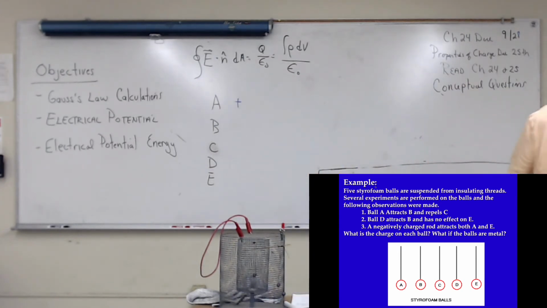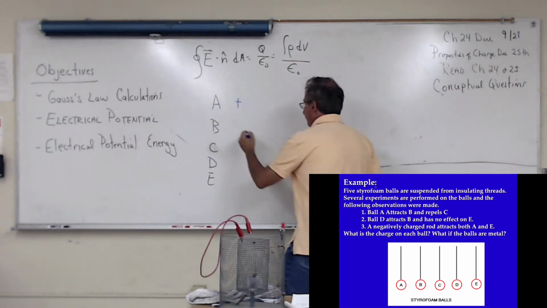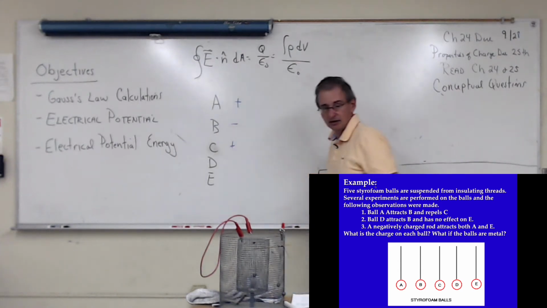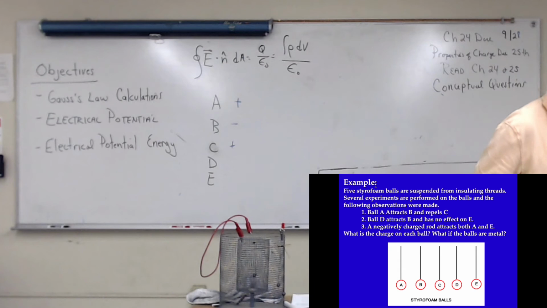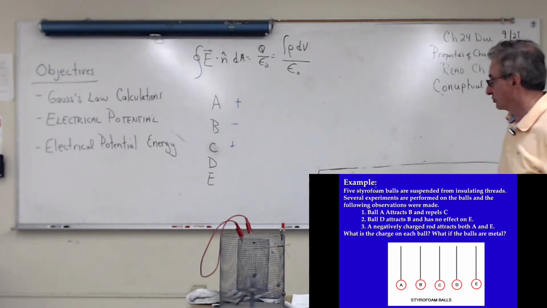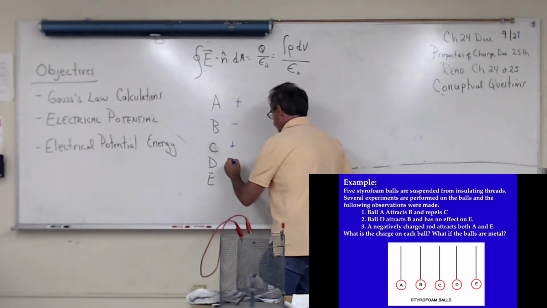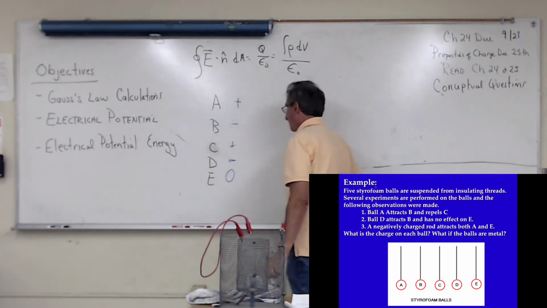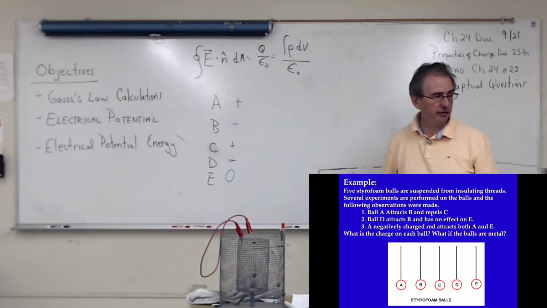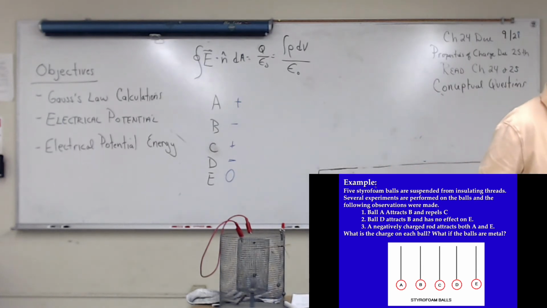B is negative. C is positive. D is negative, and E is neutral. Everybody agree? Did I get that right? Positive, negative. Okay. So everyone's agreeing.